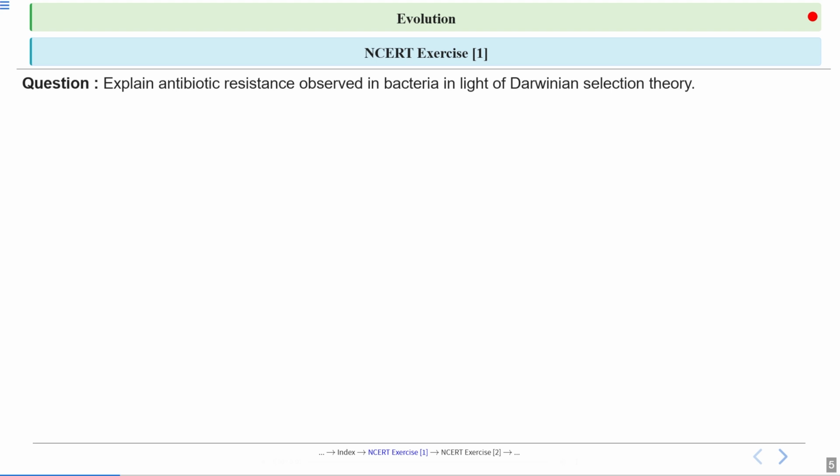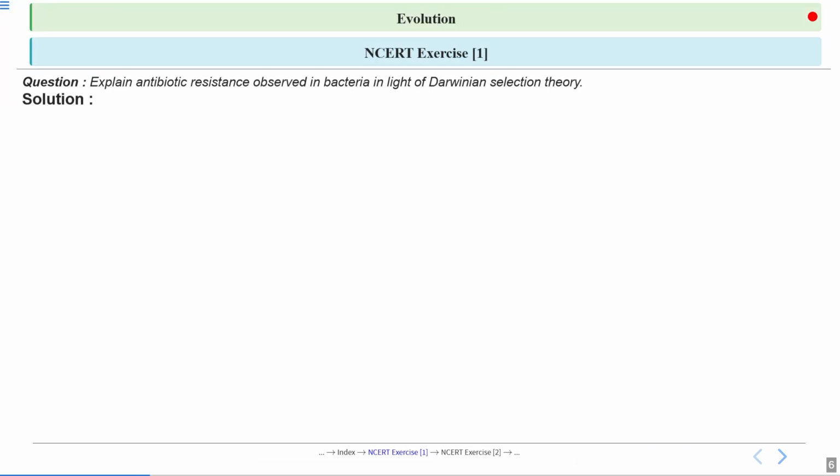Let's start with the first question: explain antibiotic resistance observed in bacteria in light of Darwinian selection theory. Let's have a look at the answer. Antibiotic resistance in bacteria is an example of Darwinian selection, but this is induced by human activities.